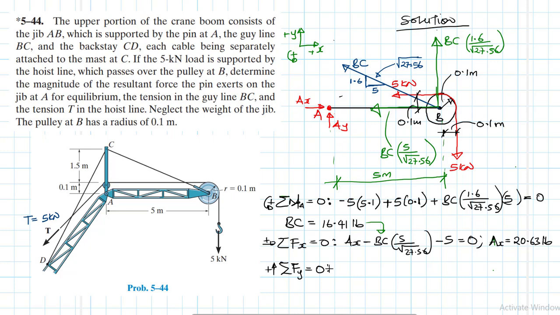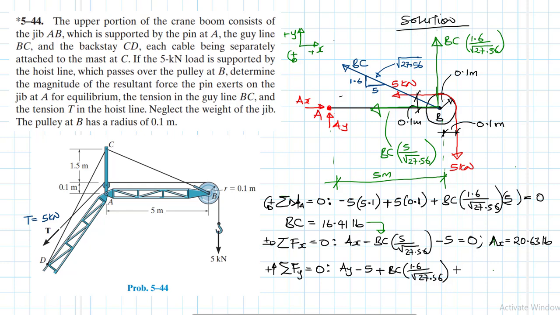So we have Ay minus 5 plus BC by 1.6 divided by root of 27.56. What else?